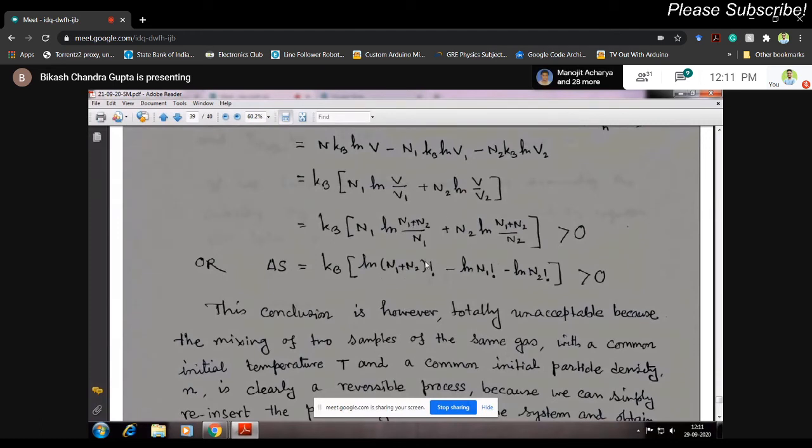Because this will give you (n1 plus n2) ln (n1 plus n2) minus (n1 plus n2), minus n1 ln n1 plus n1, minus n2 ln n2 plus n2. The n1 and n2 terms cancel, and you will be left with only this. It's as simple as that.